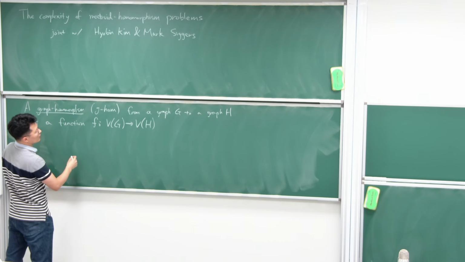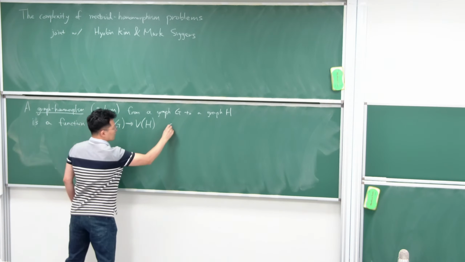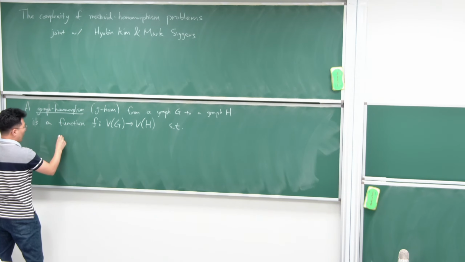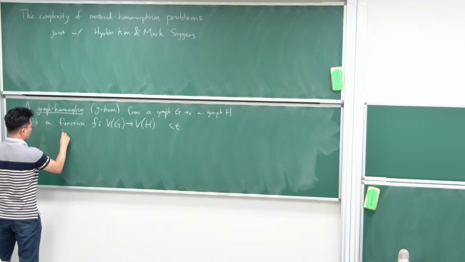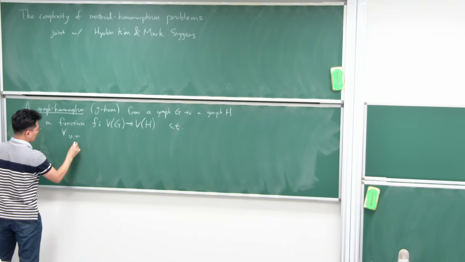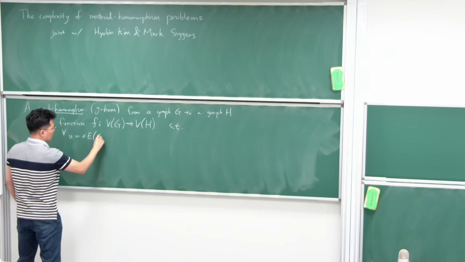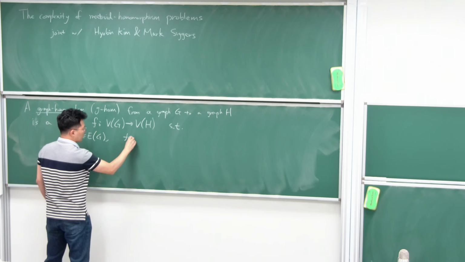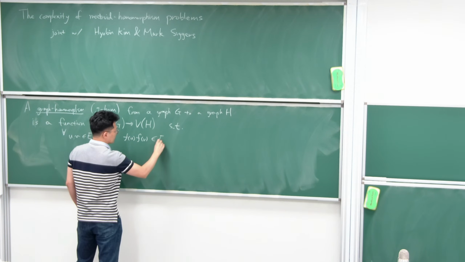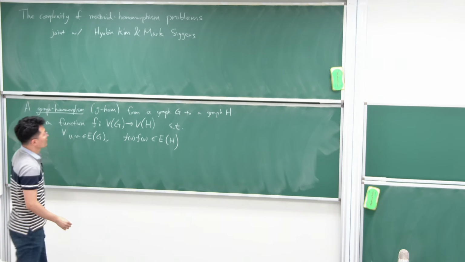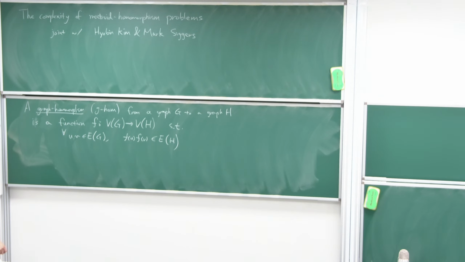That means for every edge uv in G, f(u)f(v) is also an edge of H. Let me give an example.